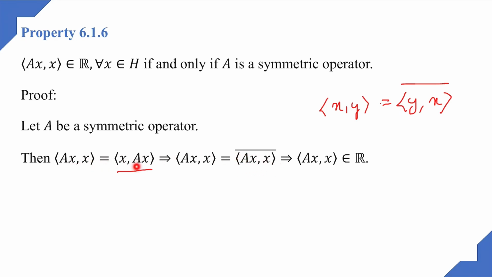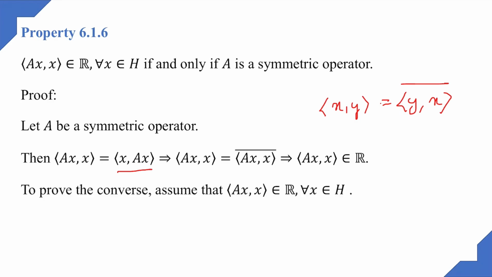So we have inner product axx is the same as inner product axx conjugate. So a complex number and its conjugate are equal, meaning it is nothing but a real number. So whenever A is a symmetric operator, we have inner product AXX is an element of R for every x element of H. Now we have to prove the converse.